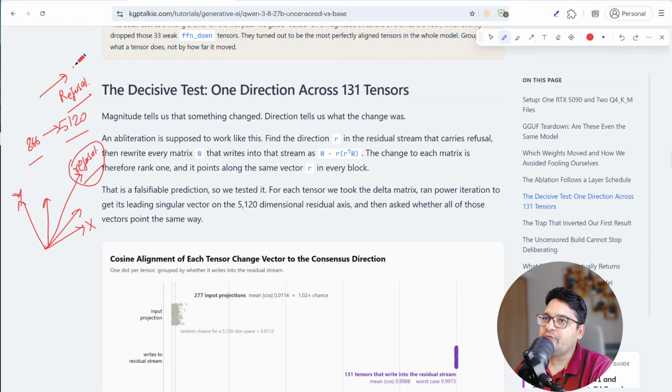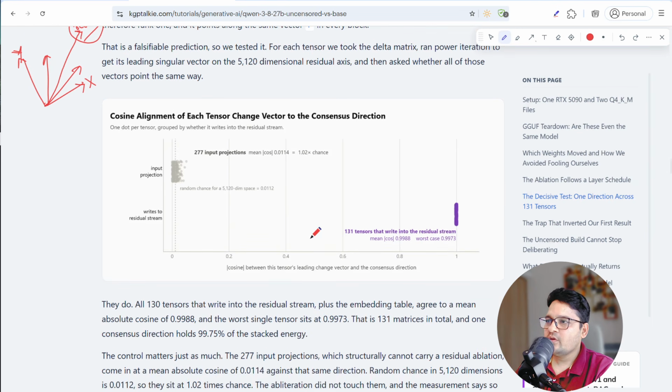And how did I verify that? Let me show you. I calculated the direction of all the modified vectors, all 131 modified vectors. Then I found that all those vectors are actually pointing in the same direction.